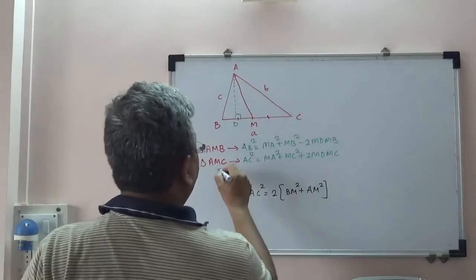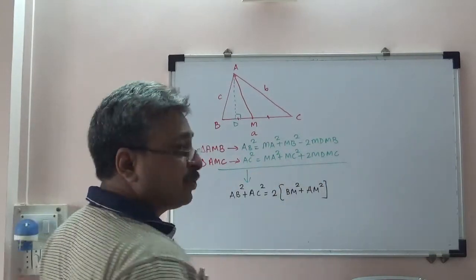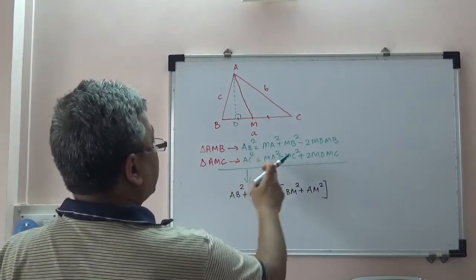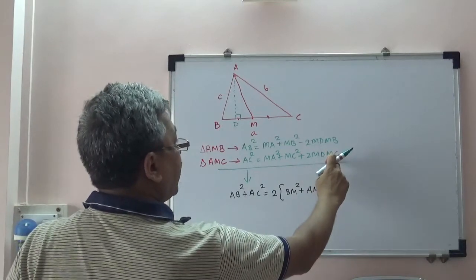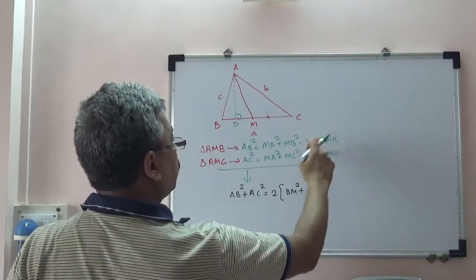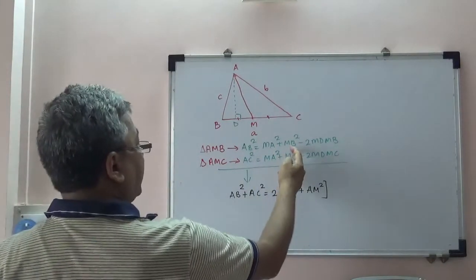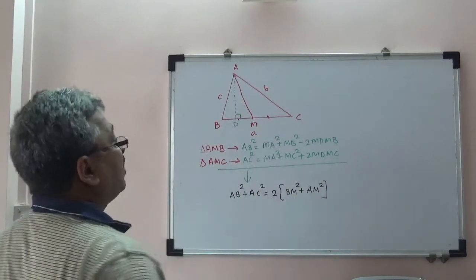So if we add these two equations, we will directly get the LHS AB square plus AC square, which is equal to 2 times AM square, which is quite visible. BM is equal to MC, therefore these two terms get cancelled, and these two terms are identical, so I can write BM square or CM square here, and you get the final answer.